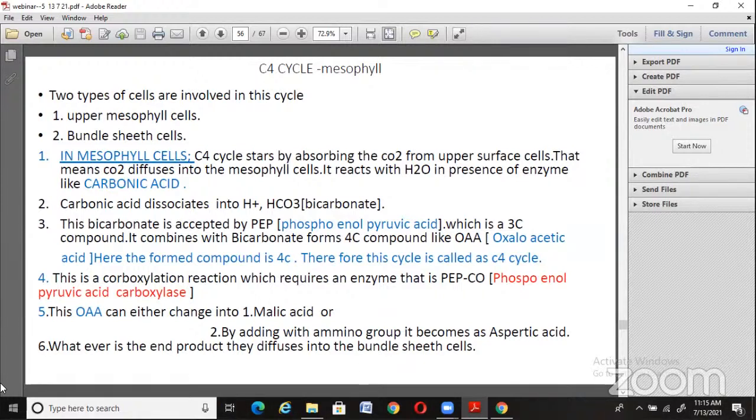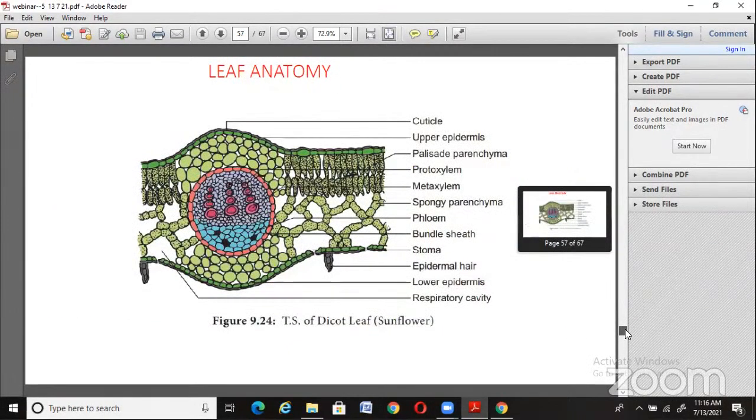Then next, look at the changes in the bundle sheath. Yes, this is the leaf anatomy. Just now what we discussed is seen here.